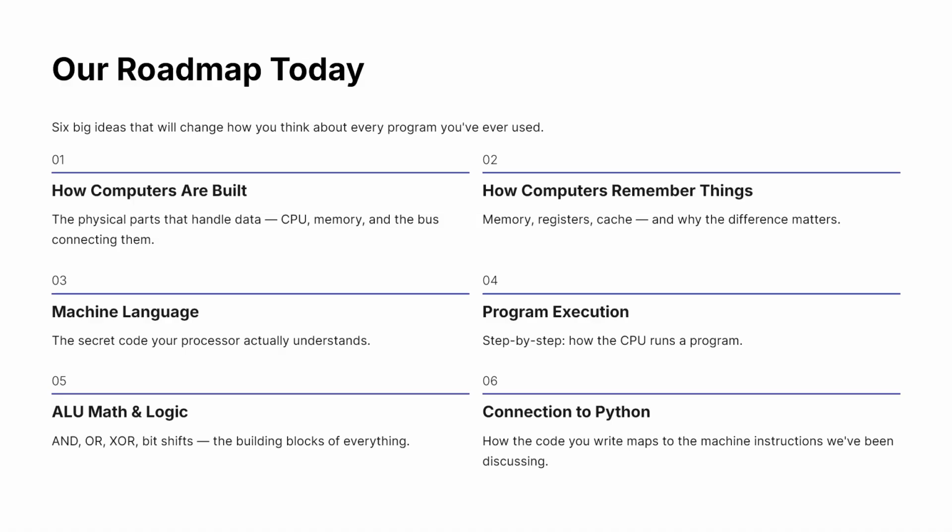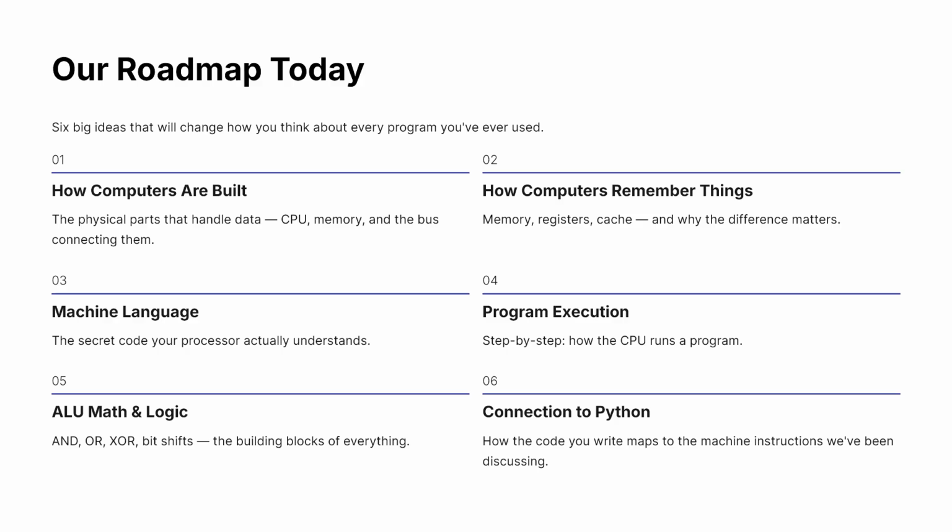Here's our roadmap. We're going to start with how computers are built, the physical parts that handle data. Then we'll look at how computers remember things, memory, registers, all of that. Then we get into the really cool stuff, machine language, the secret code your processor actually understands.